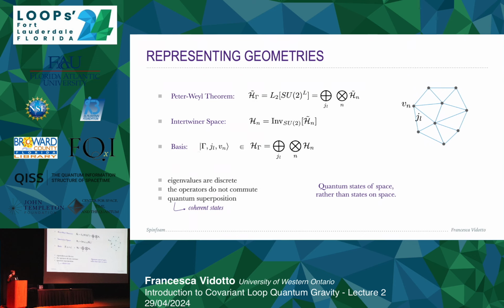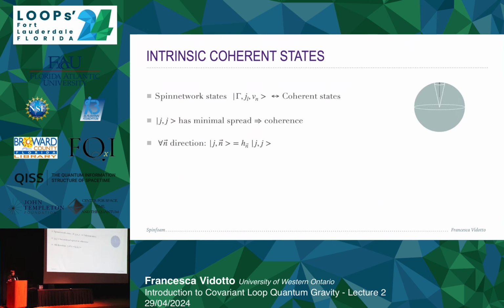So these are quantum states of my theory, and I can try to describe semi-classical states. Semi-classical states means that I have to look for those states that have minimal spread. In general, quantum states are fuzzy.